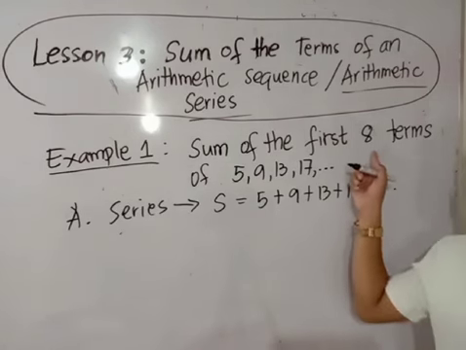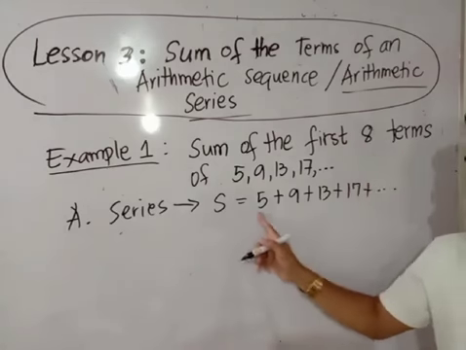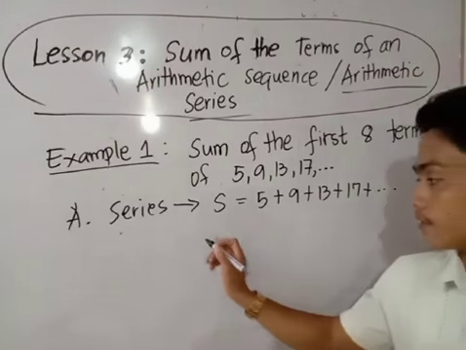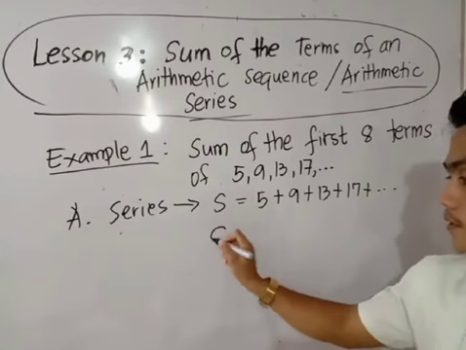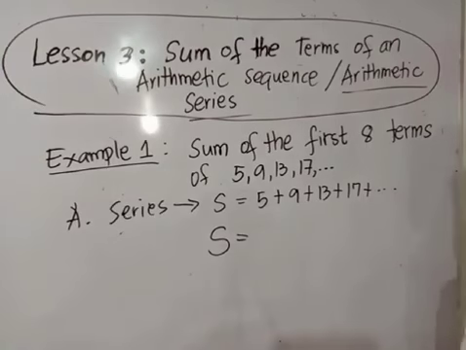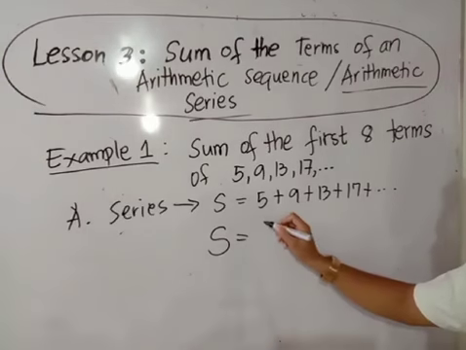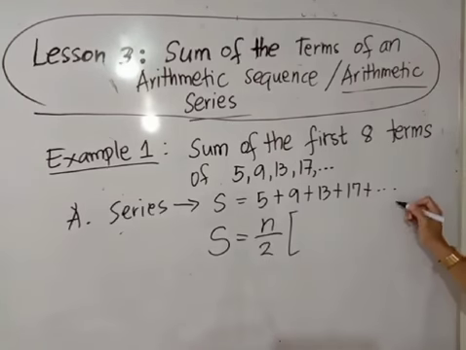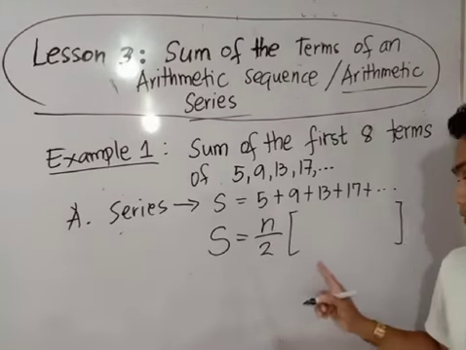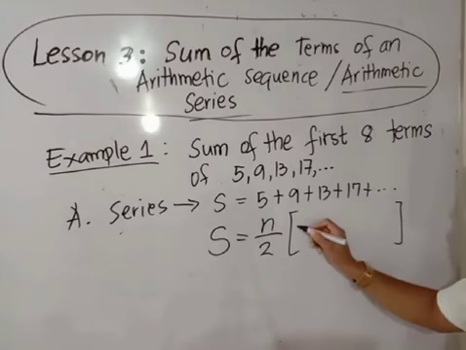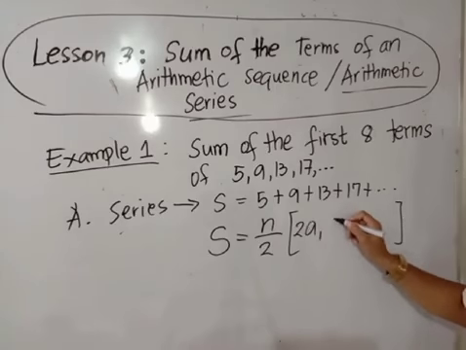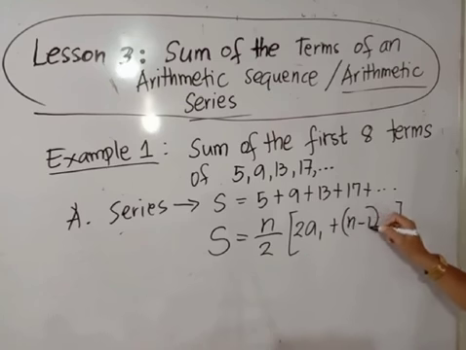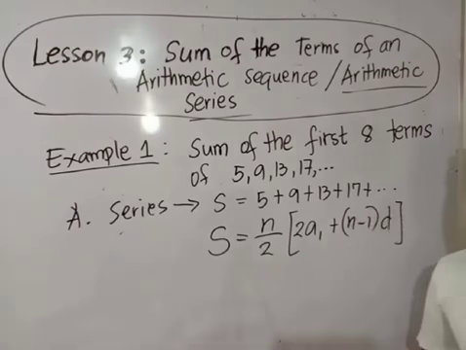Obviously, it is easy to get the sum of these 8 terms manually. But do we have a formula to follow? Yes. The formula is S, the sum, equals n over 2 times 2a sub 1 plus the difference of n and 1 times the common difference.